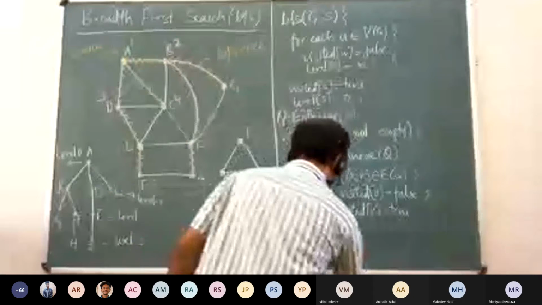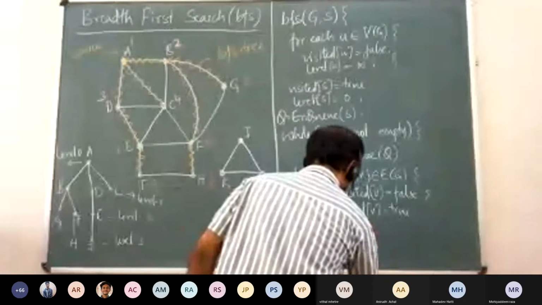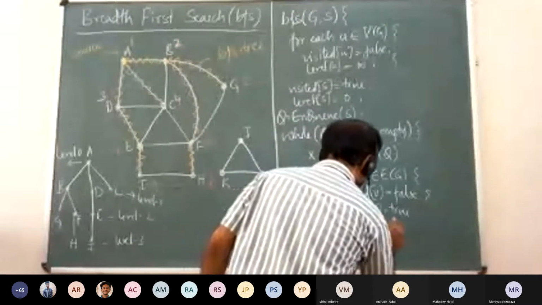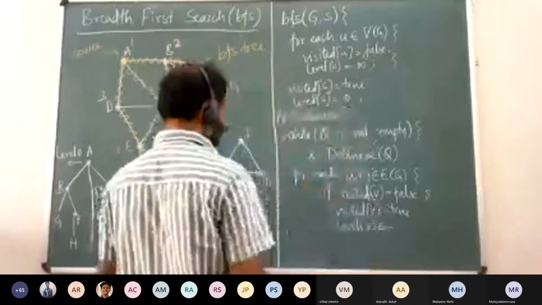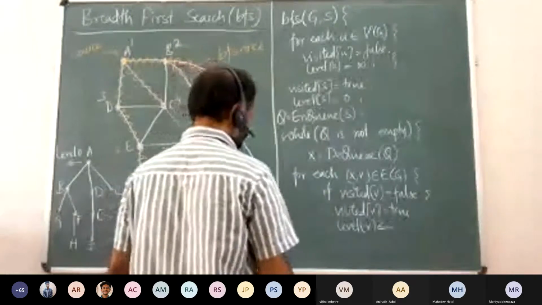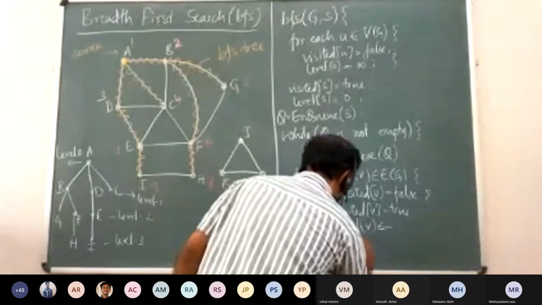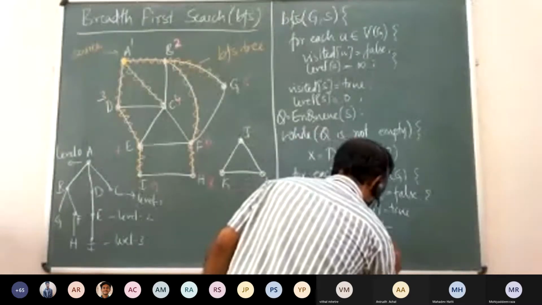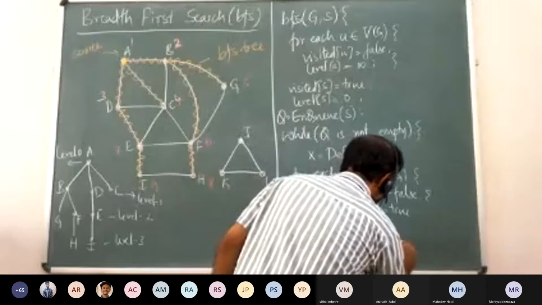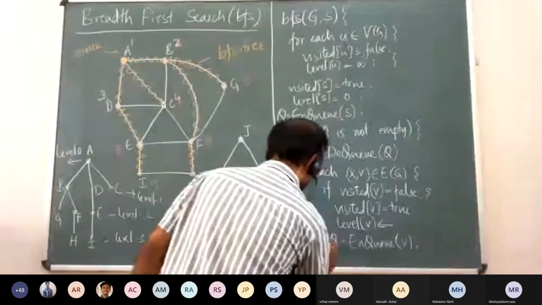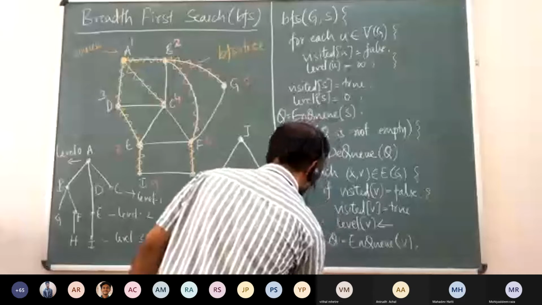We also need to set the level of V to be something, then you push it into the queue. So Q will be equal to enqueue V. We will end it here.